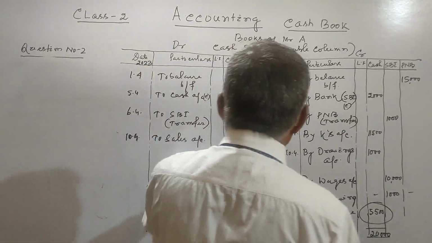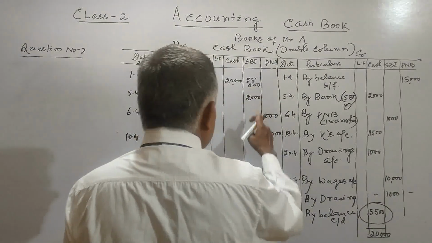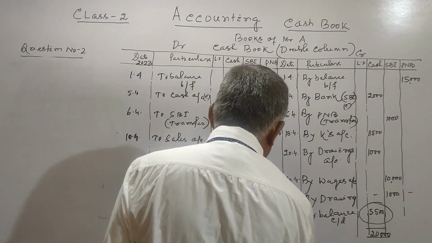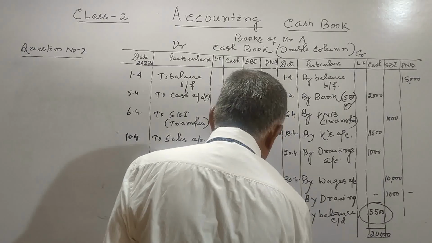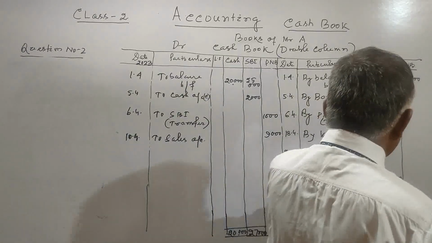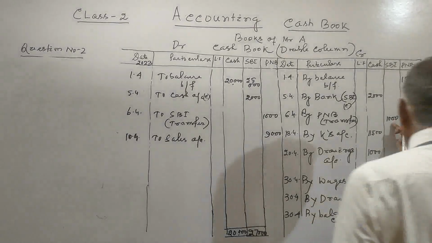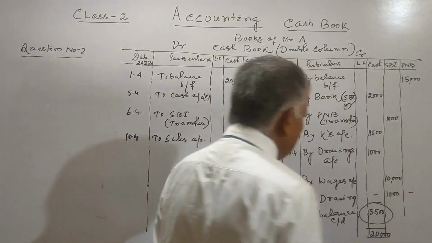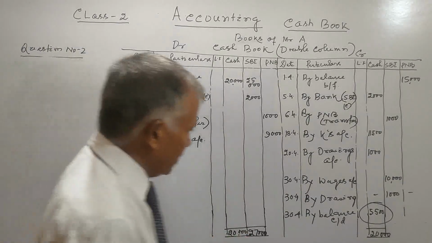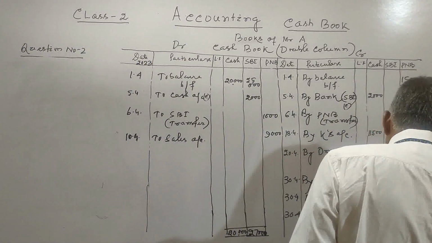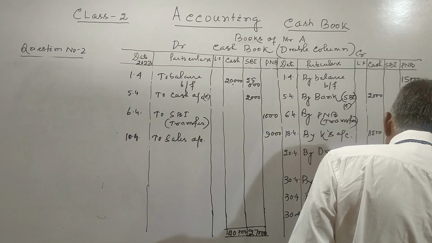Let us come to SBI. SBI debit is 27,000. It is higher. And credit is only 10,000, 1,000, it is 12,000. So debit is 27,000, credit is 27,000.